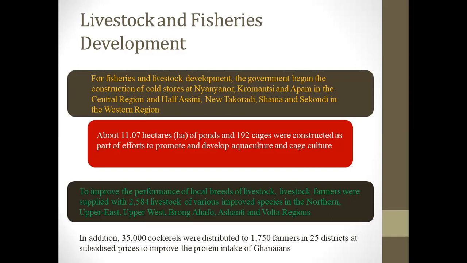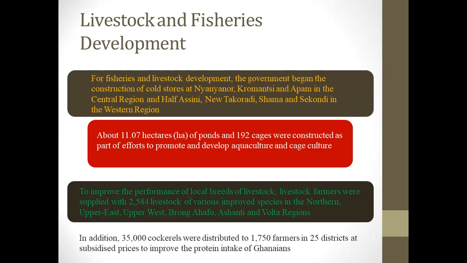And then to improve the performance of local breeds of livestock, livestock farmers were supplied with 2,584 livestock of various improved species in the northern, upper east, upper west, Brong Ahafo, Ashanti, and Volta regions, so six regions.